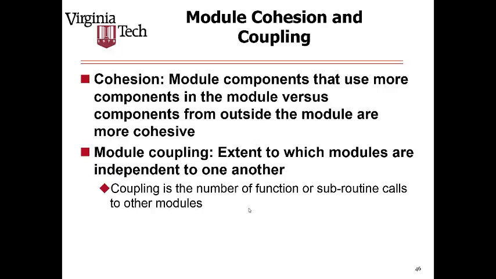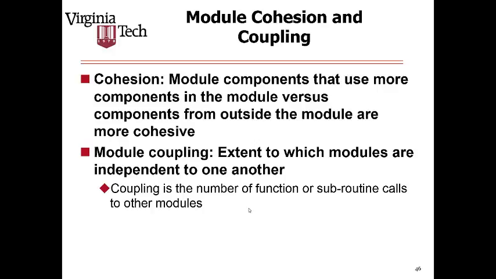And coupling is the idea that every program makes a call to other functions or subroutines. Right? The fewer calls you make, or the fewer things you are connected to, the simpler your program.